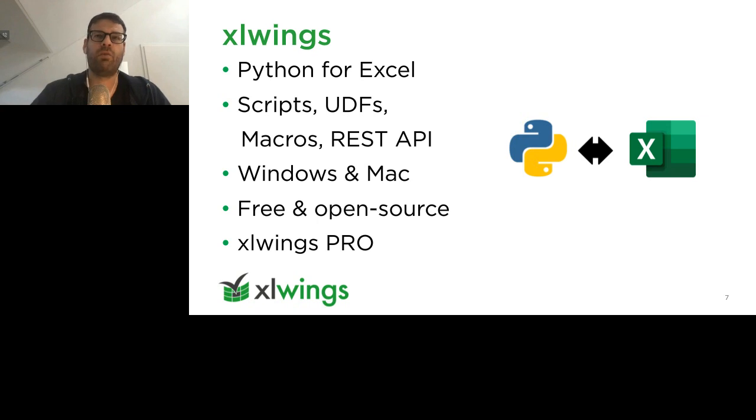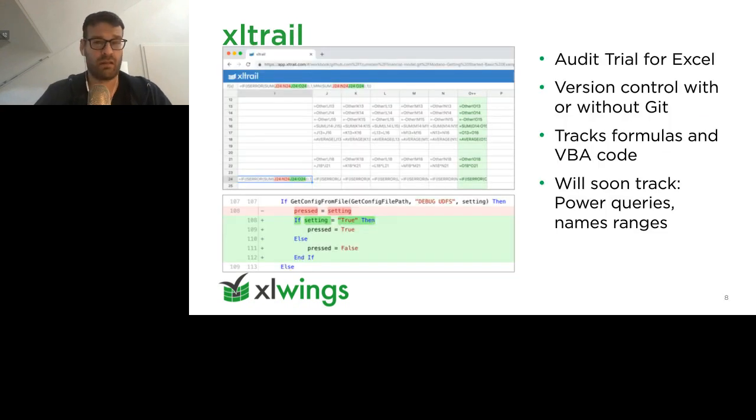And then we do have another tool which is called xltrail. And xltrail is basically taking care of the version control for Excel workbooks. It's one of the issues that we see often happening because Excel workbooks are just treated as a file and being sent around, and everybody does funny things.